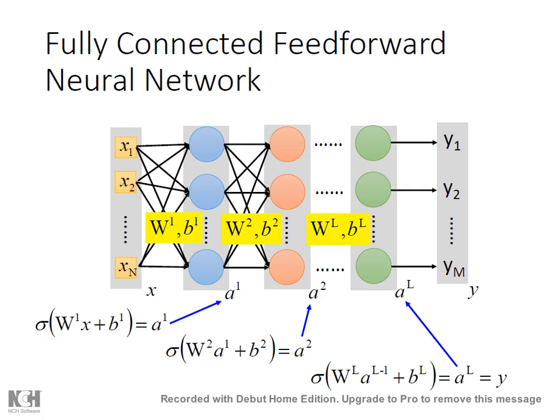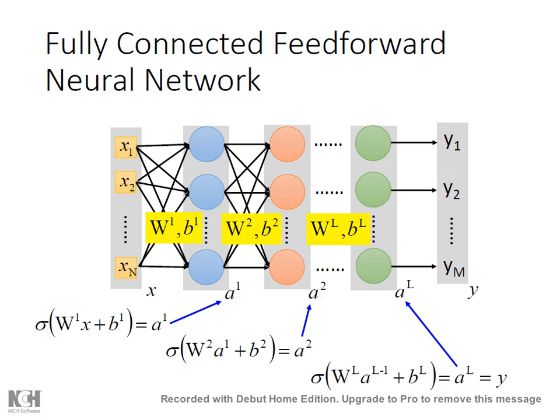For this layer we continue to use A1 as the input and use the weights W2 and B2 to compute its summation, and then feed it through the activation function to obtain the A2 vector.